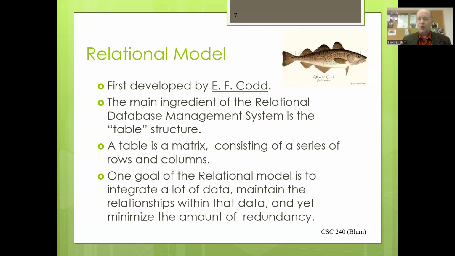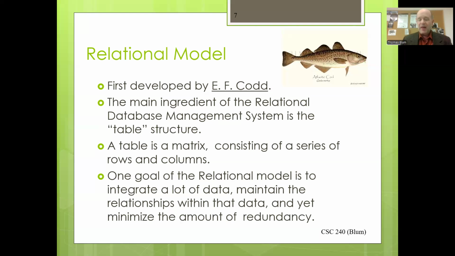So the data is arranged in these tables, with rows and columns. Similar information, an entity, is stored in a table, which has set columns, and then you put instances of that data in the rows, and each row should be unique and identifiable. So it should have some kind of primary key.